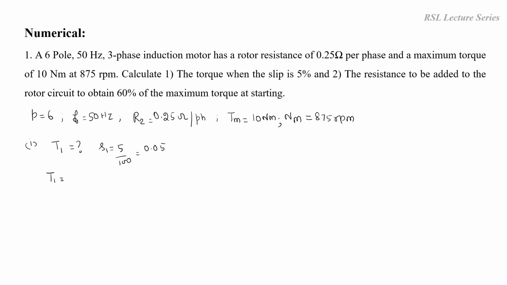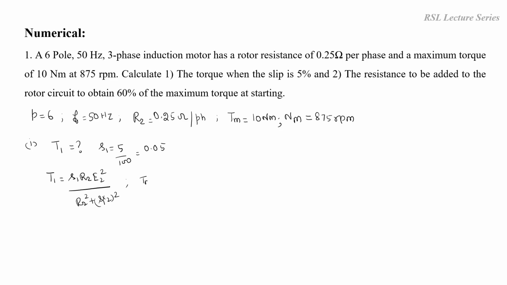T1 is equal to S1 into R2 into E2 square divided by R2 square plus S x2 whole square, where S1 is the slip corresponding to T1.